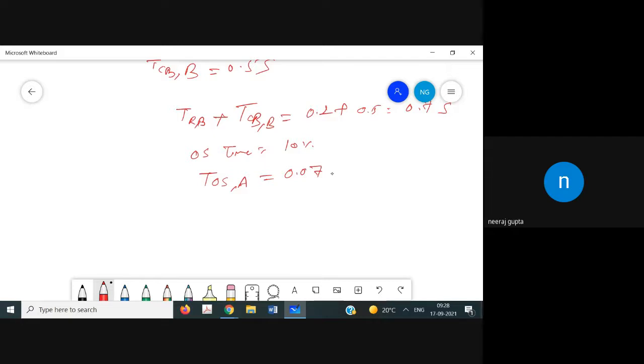So the total time required for relay A to operate for the maximum fault at B. Why maximum fault? Because we have assumed 3000 ampere, and we have done the setting based on that for the maximum fault at B.